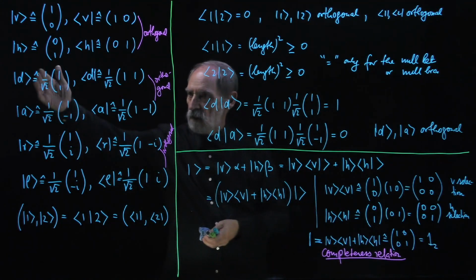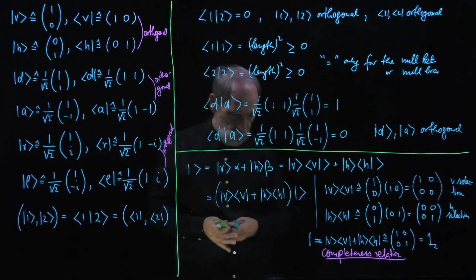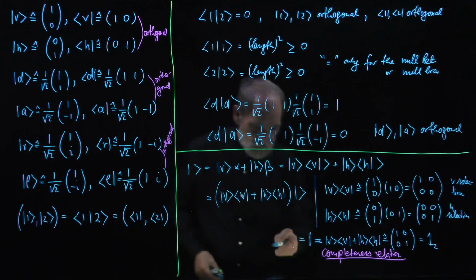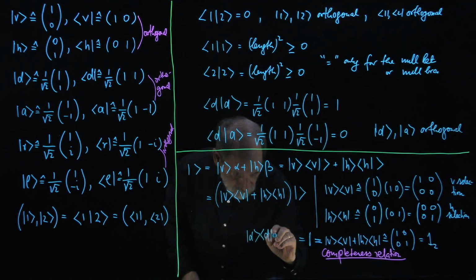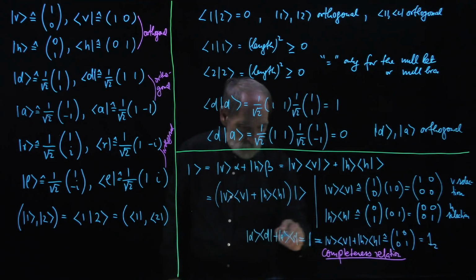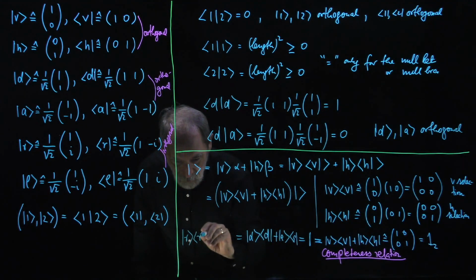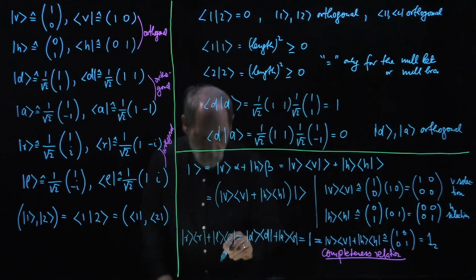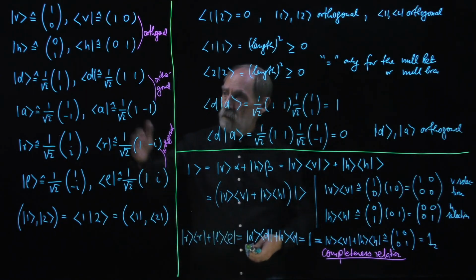And since these are orthogonal and these are orthogonal, just like V and H are orthogonal, we must have the corresponding statements here. So we will have diagonal ket-bra plus anti-diagonal ket-bra equal to the identity, and also the right-handed ket-bra plus the left-handed ket-bra. They will add up to the identity.